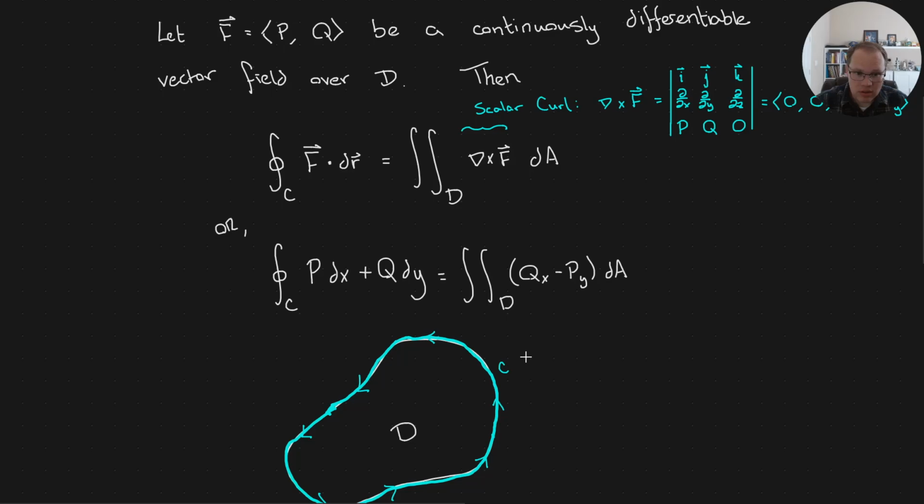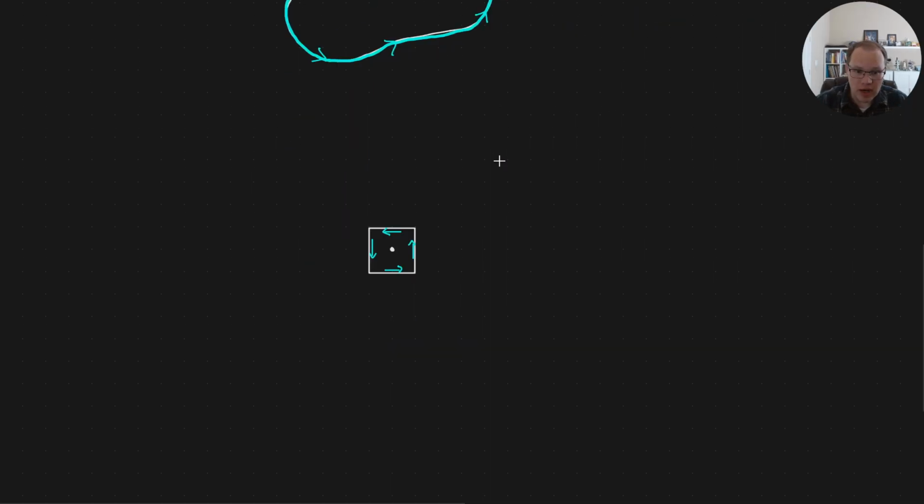The curl measures how the vector field circulates around the box. Now, let's imagine that our region D, the interior of our region, is full of these little boxes. I'll try not to draw too many.